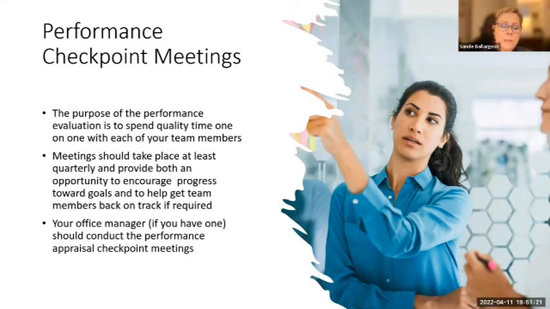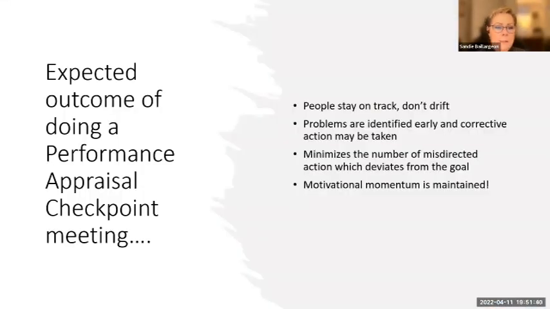Your office manager, you may or may not have an office manager, but they need to conduct their performance appraisal checkpoint meetings so that your office manager can go over this type of system with each team member, and helps to keep them on track. The expected outcome of doing a performance appraisal checkpoint meeting is that people will stay on track and they don't necessarily drift.